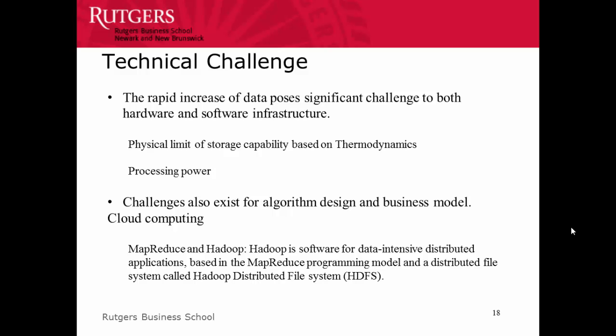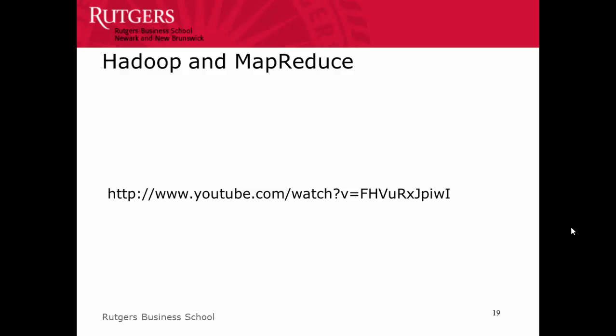Hadoop is software for data-intensive distributed applications based on the MapReduce programming model and the distributed file system called Hadoop Distributed File System. Well, this seems complicated, so what I'm going to do is show you a video that describes how MapReduce and Hadoop work in the world of big data.